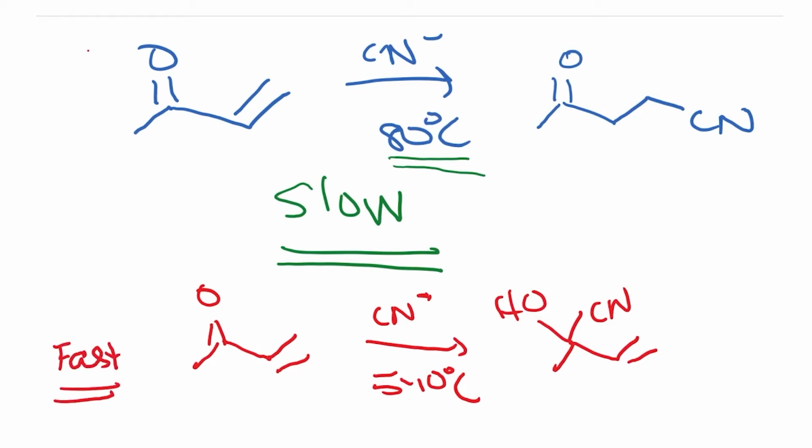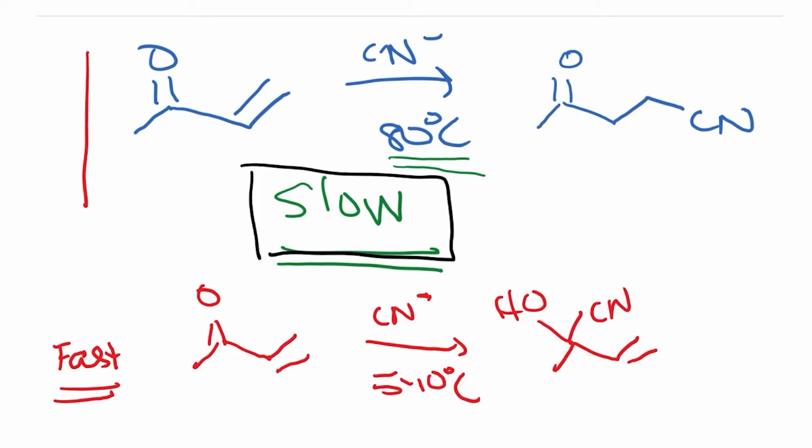Compared with this, the conjugate addition does not occur at 5 to 10 degrees centigrade. So therefore, the conjugate addition must be a slow reaction. Now, slow and fast is again going to be a relative term. So the formation of the cyanohydrin must be a fast step.